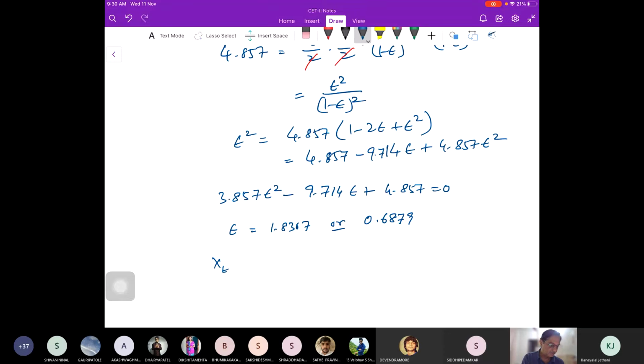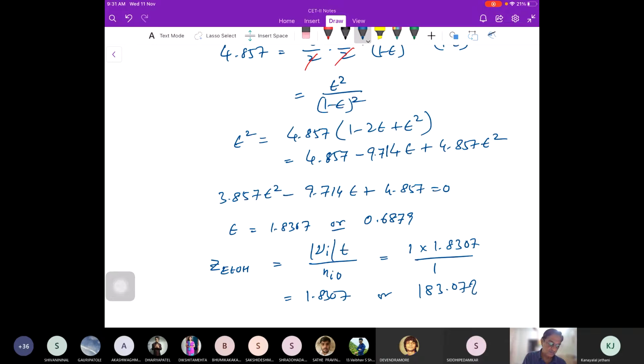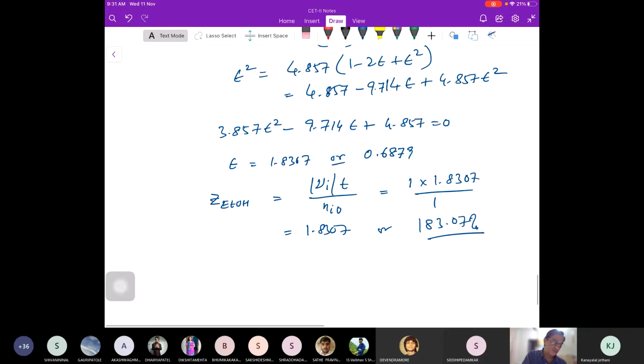What do they need? They need the mole fraction, right? We need Z, sorry, we will take Z. Z of anything is the same, because they are stoichiometric. So the absolute value of nu i into epsilon upon ni0: 1 into 1.8307 upon 1. So this will be more than 1. So this conversion is not possible.